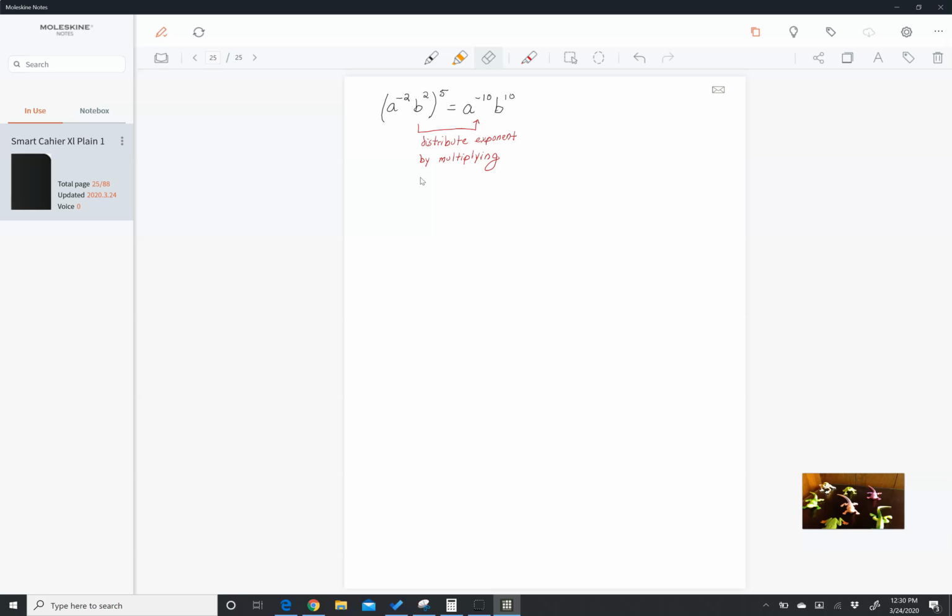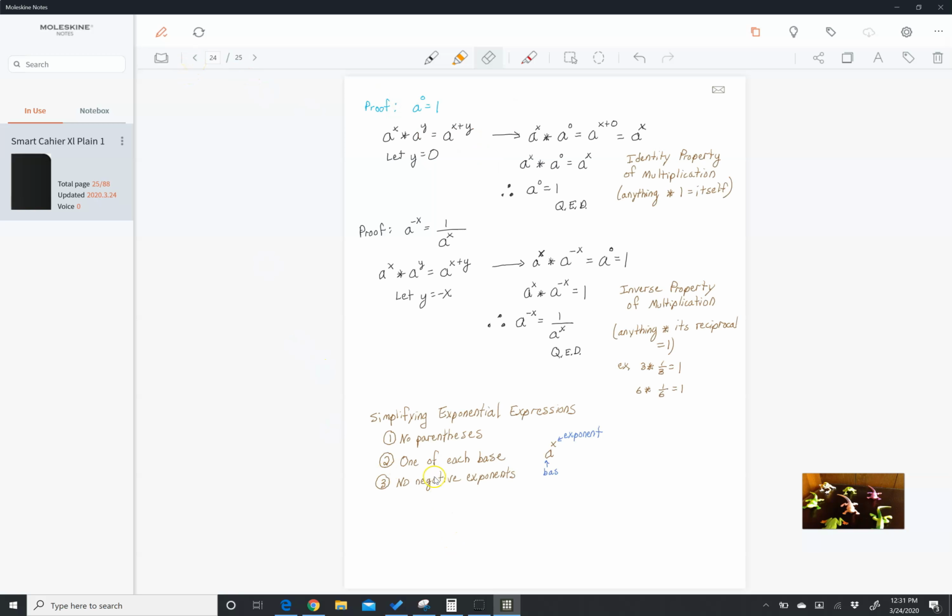It's the most efficient. So in this problem, we could get rid of negative exponents first. So you see here, no negative exponents and no parentheses. We could have gotten rid of the negative exponents first.